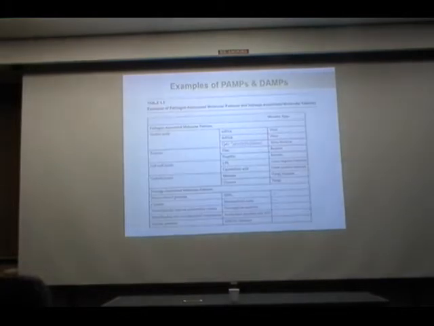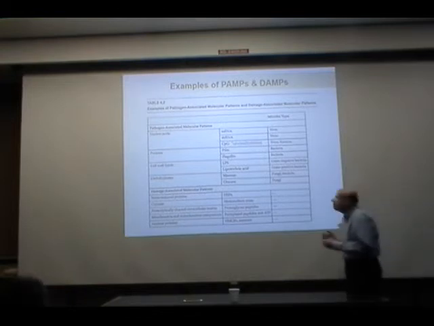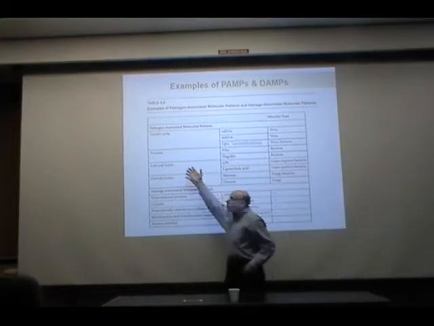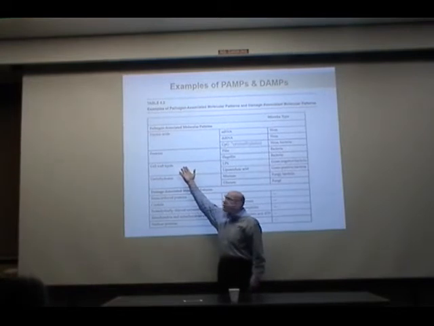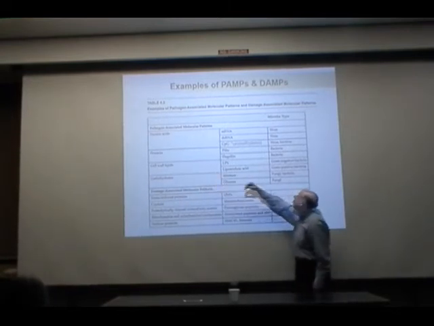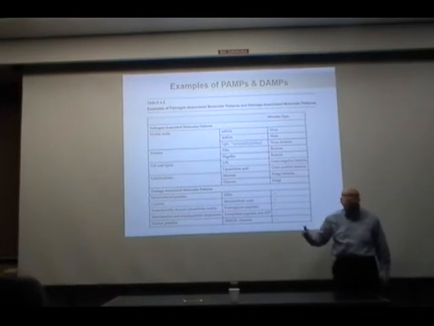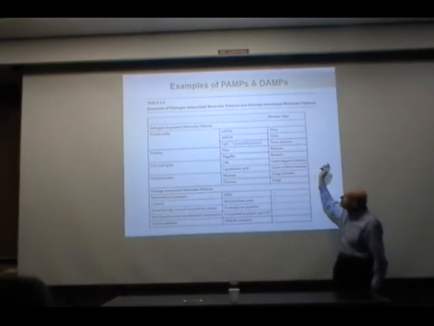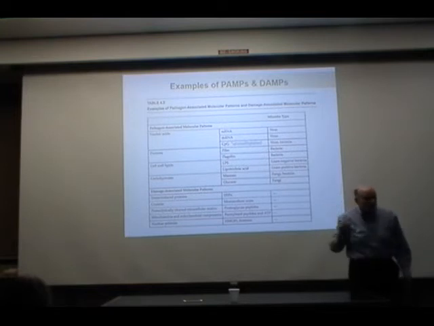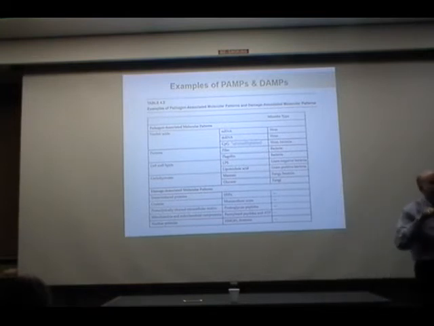And the next slide, don't have to memorize this, but just to get a feel for it: cell wall. We don't have cell walls. Bacteria do. Therefore, a cell wall is going to be a target for a pattern recognition receptor. PAMP and DAMP stand for pathogen-associated molecular pattern. The key word there is pattern, not the PAMP part.